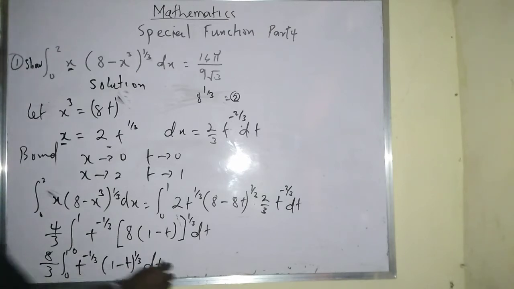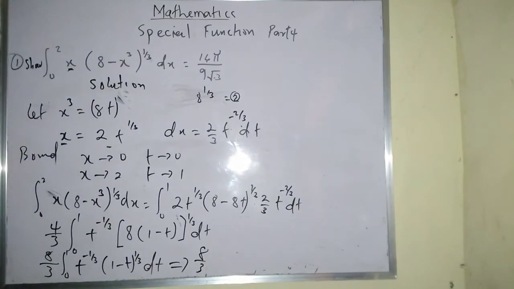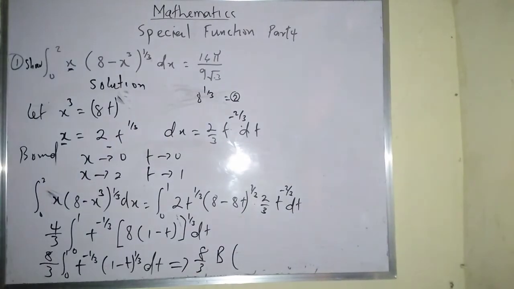Since I have this, it can as well be written as 8 all over 3, beta function of, now this is a t, this is a t. I think it's a beta function already. I can now say, what is my power?